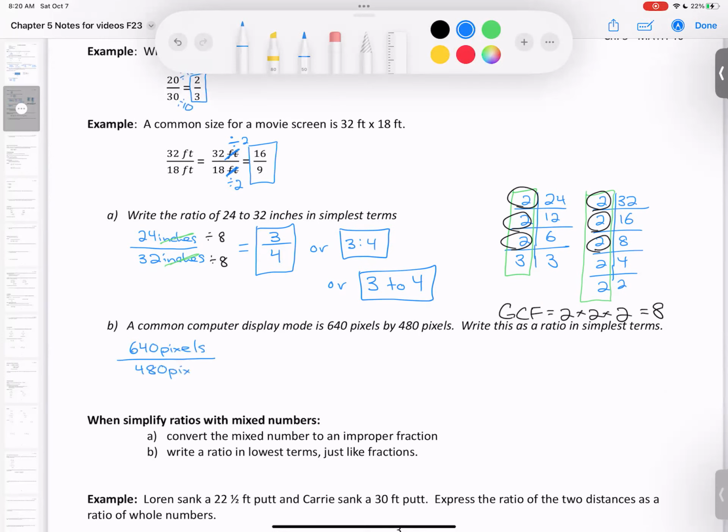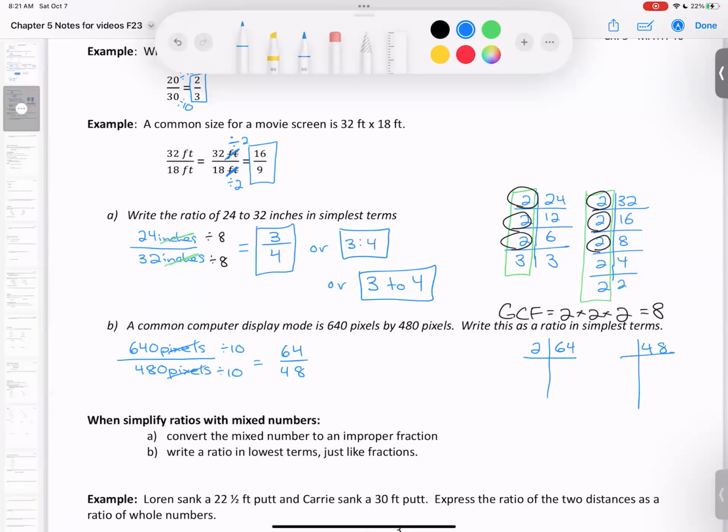So our pixels are going to cancel out. And then we've got 640 divided by 480. Well, I can see both of those numbers end in a 0. So I'm going to start right off the bat just by dividing by 10, which would give me 64 over 48.